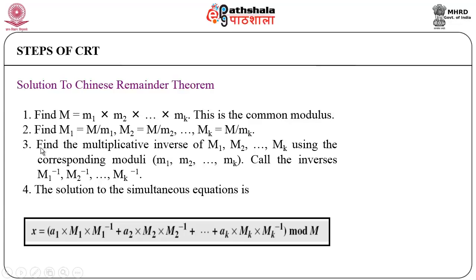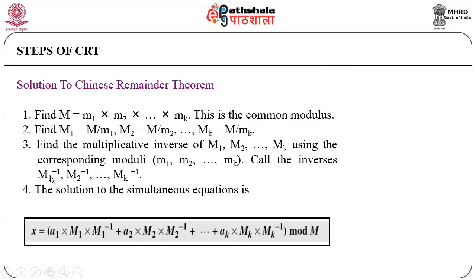Then step 3: find the multiplicative inverse of M1, M2, M3 and Mk using the corresponding moduli smaller m1, smaller m2, and so on, which we call the inverse of capital M1, inverse of capital M2, and so on. The third step helps you find the multiplicative inverse of each modulus dividing the common modulus.